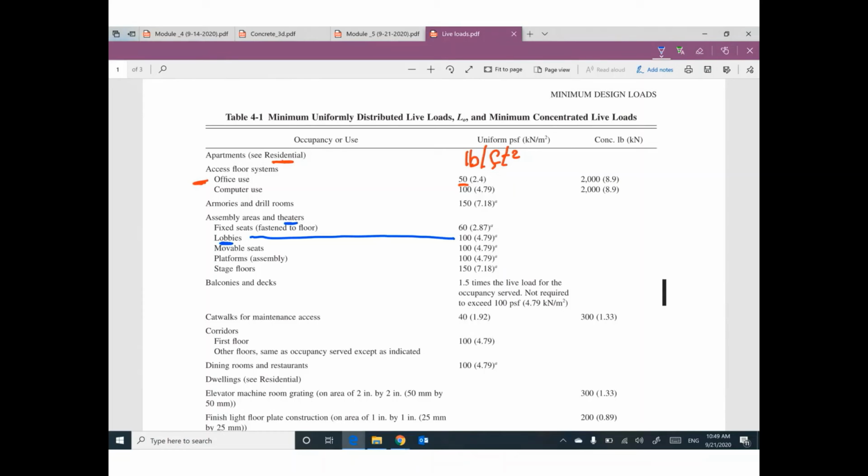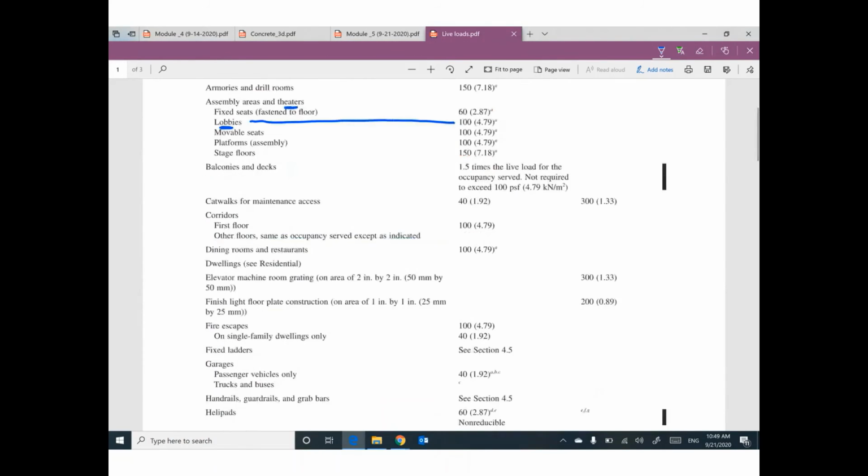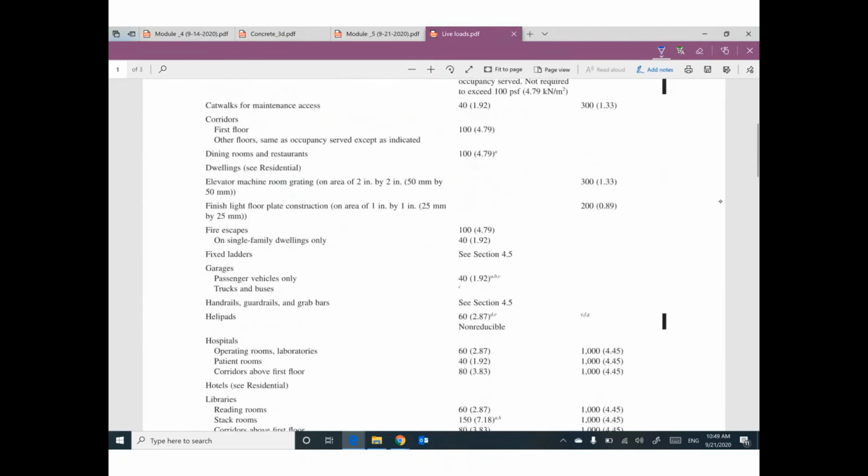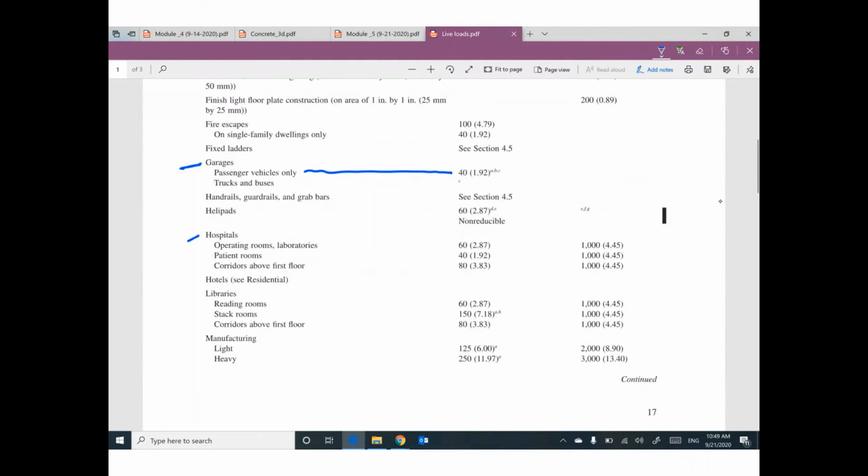Another example, if you are talking about a building used as a garage, if your slab supports passenger cars or vehicles only, the live load will be 40. If you are talking about hospitals, based on the kind of room, a patient room will have a live load equal to 40 pounds per square foot.